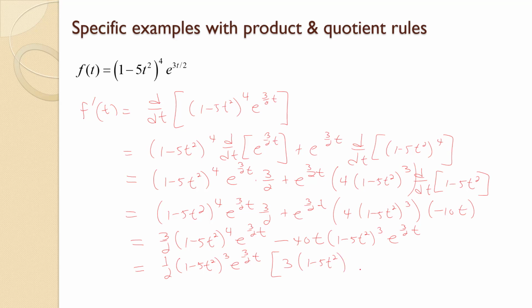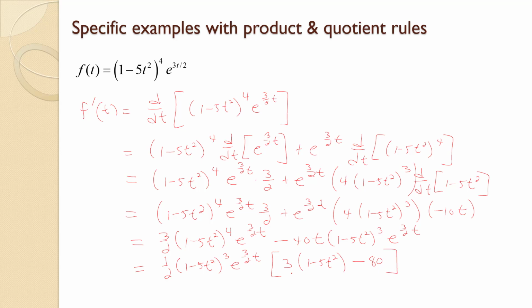Notice the power is only 1. And then e to the 3 halves just cancels with the e to the 3 halves. Then you have minus 40 divided by a half. That's actually 80. And then the 1 minus 5t squared to the third just cancels with itself. And the e to the 3 halves t, that also cancels. So that's what's left over.